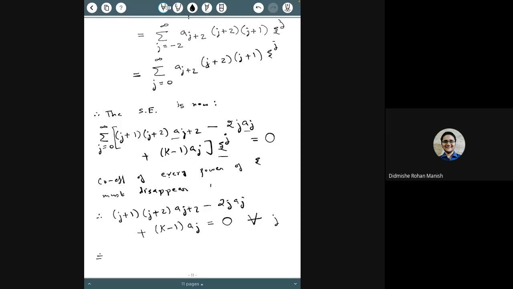And from this relation, I get a connection between the coefficient of the j plus 2th term with the jth term. If you simplify this, I'll just write the relation now to save some time: aj plus 2 equals 2j plus 1 minus k by j plus 1 into j plus 2 into aj.